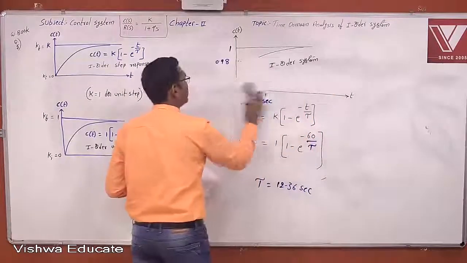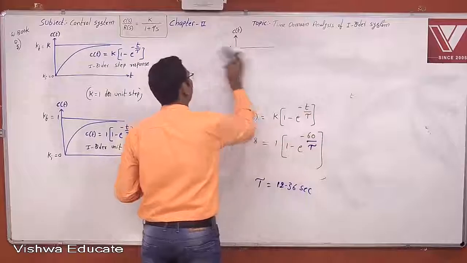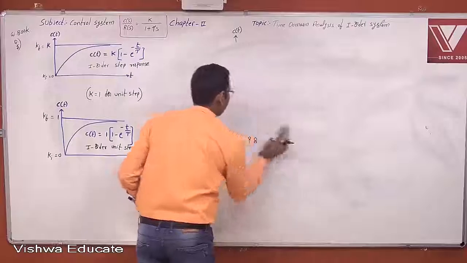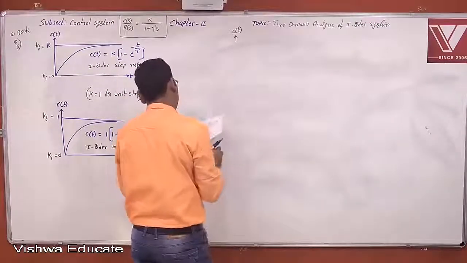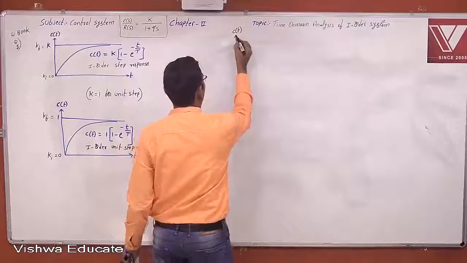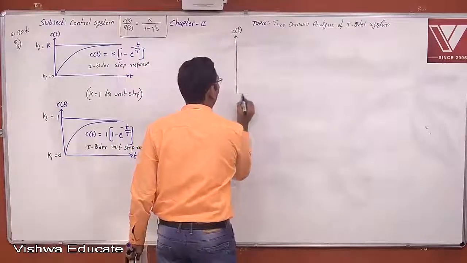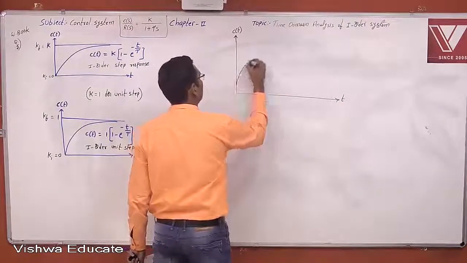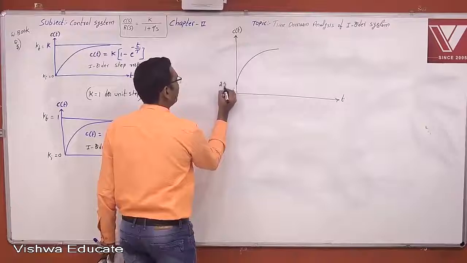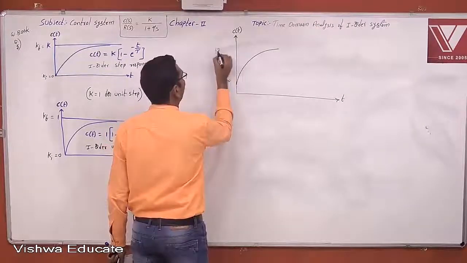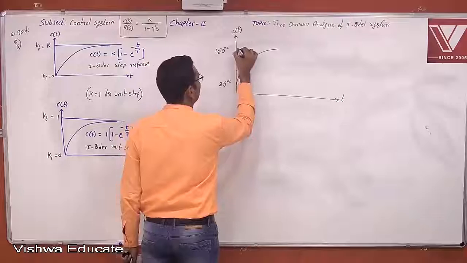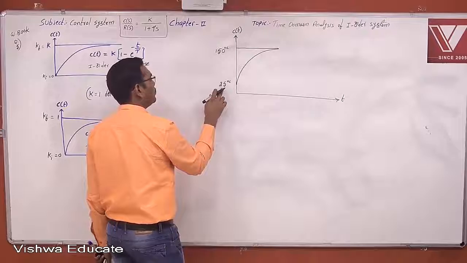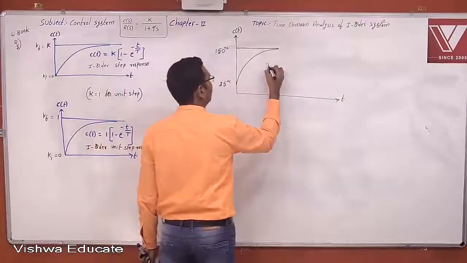A thermometer represents a first order system is subjected to a sudden temperature change from 25 degrees centigrade to 150 degrees centigrade. He is giving this.